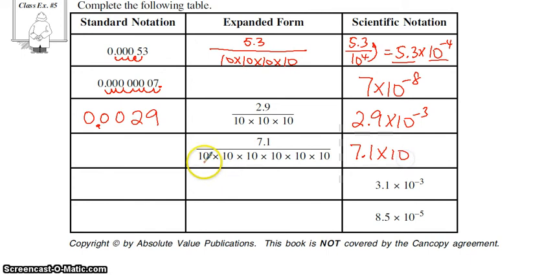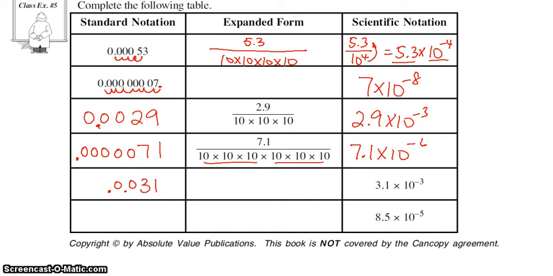7.1 times 10, there are 6 of them, negative 6. So 7, 1, and this 0 is here. I'll move it here: 1, 2, 3, 4, 5, 6. So count again: 1, 2, 3, 4, 5, 6. 3.1 times 10 to the negative 3. So 3, 1, then 1, 2, 3.